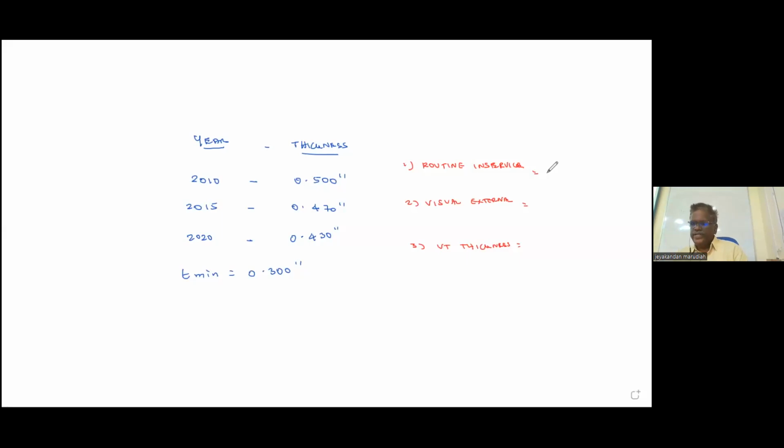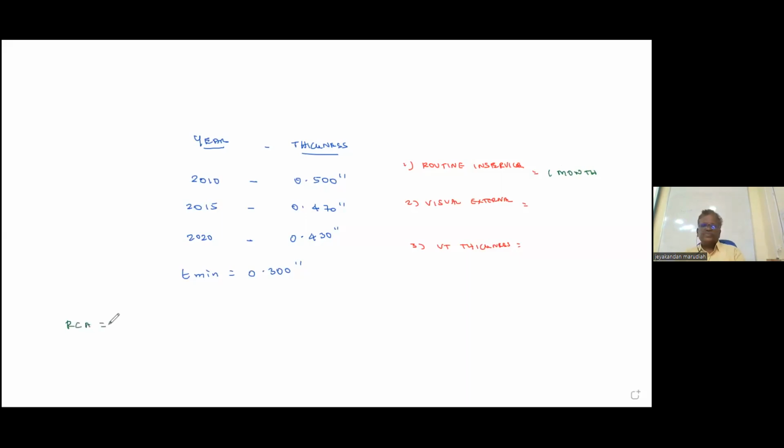Okay, how to calculate it? So this one is very simple. For a routine in-service inspection, there is no formula. Very simple. For this, we have to first calculate what is RCA.